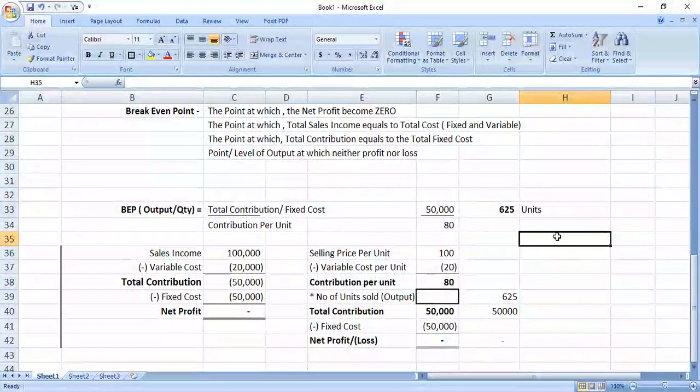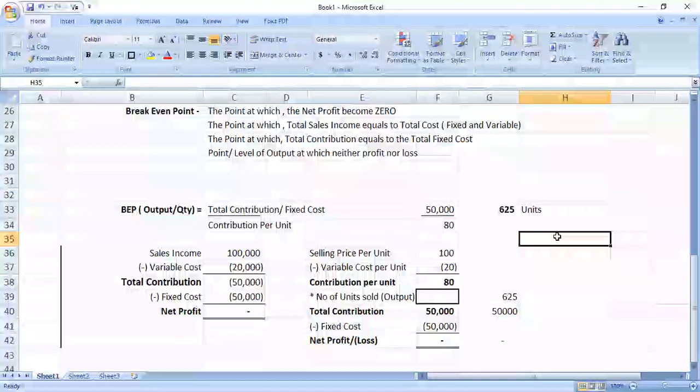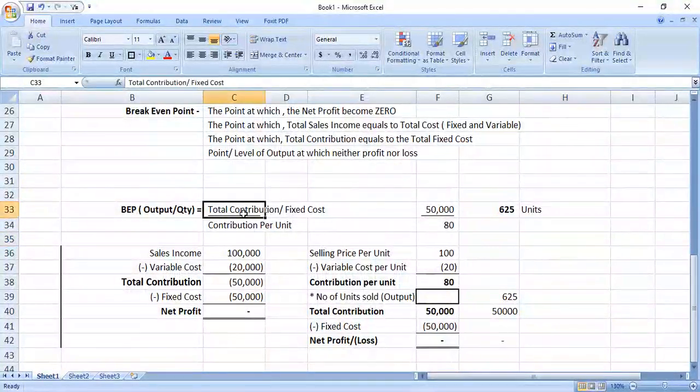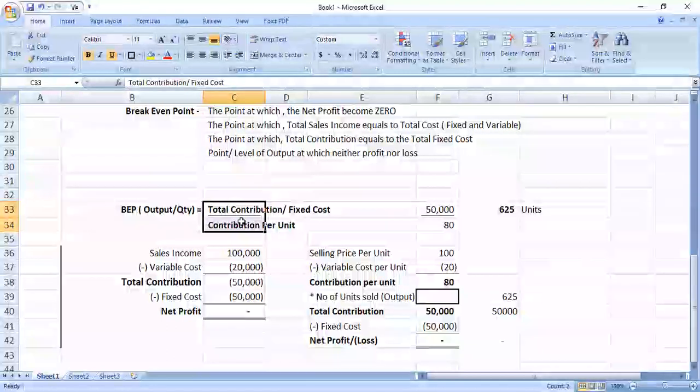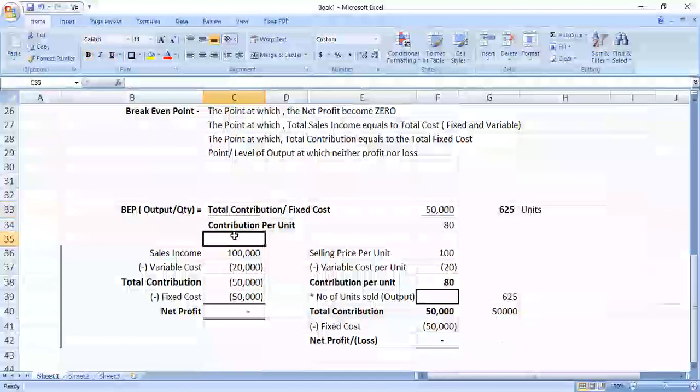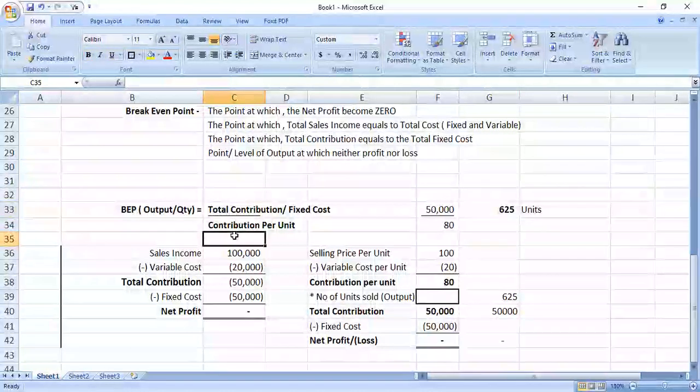That is the level of output where I can ignore any losses. So you have to learn this formula: total contribution, which is the same as fixed cost in this case, you divide by the contribution per unit.